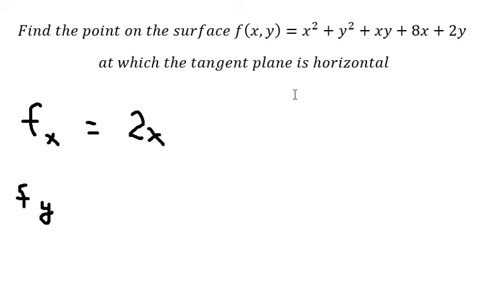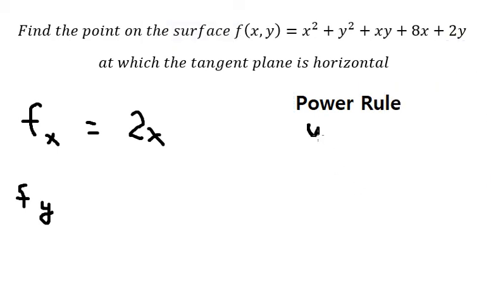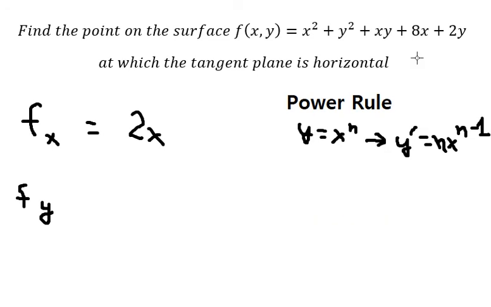We just apply the power rule of the derivative. So that's why first the derivative of x, we have 2x.